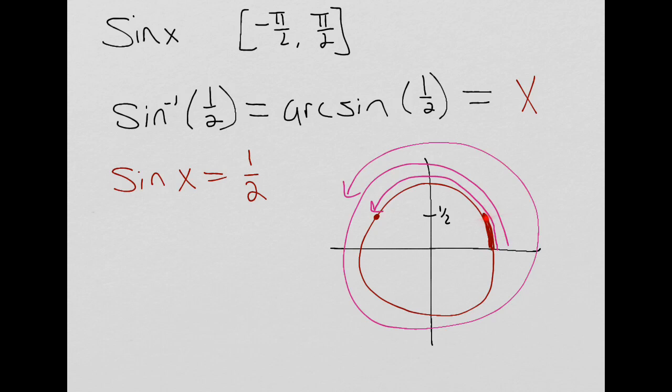Only for that arc length right there. And if we review our tables from earlier lessons, we know this is true. The x is pi over 6. And therefore, the inverse sine of 1/2 is pi over 6.